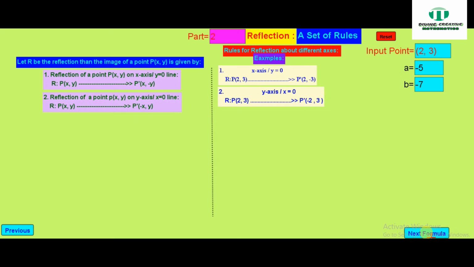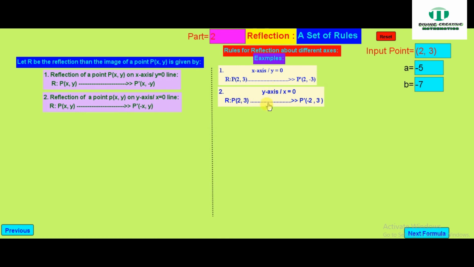Similarly, the next formula, number 2: reflection of a point P(x, y) on the y-axis, the line x equals 0, is P prime (minus x, y). Here the x coordinate is multiplied by minus and the y coordinate is as it is.